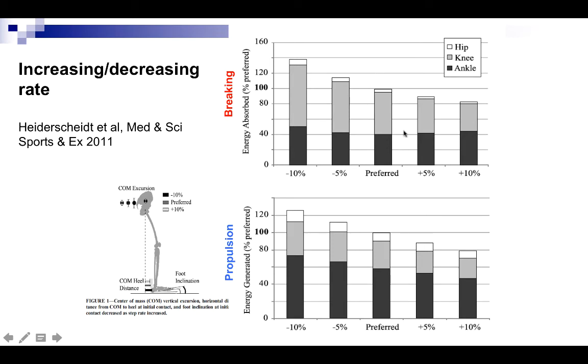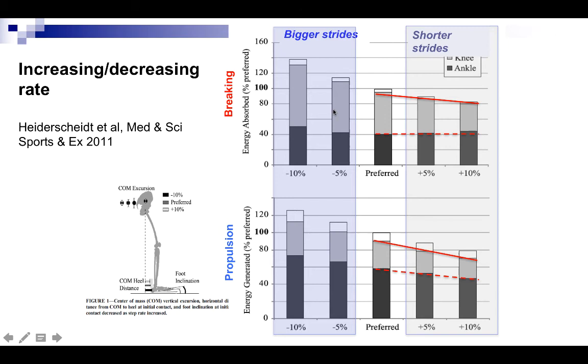Here's the preferred rate, and then frequencies increased 5 and 10% or decreased 5 and 10%. Essentially we have the bigger strides here to the left, and then the shorter strides here to the right. The braking work or negative work, labeled here as energy absorbed, is shown on the top, and then the propulsion work is shown on the bottom.